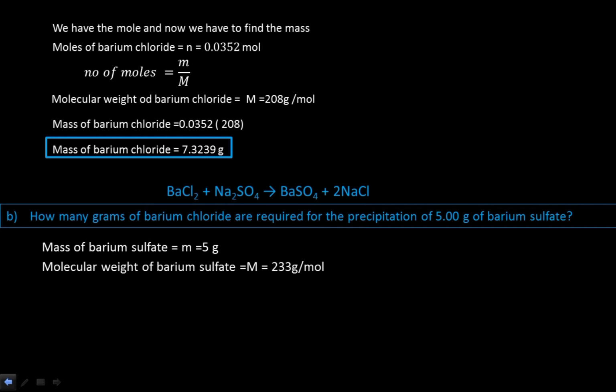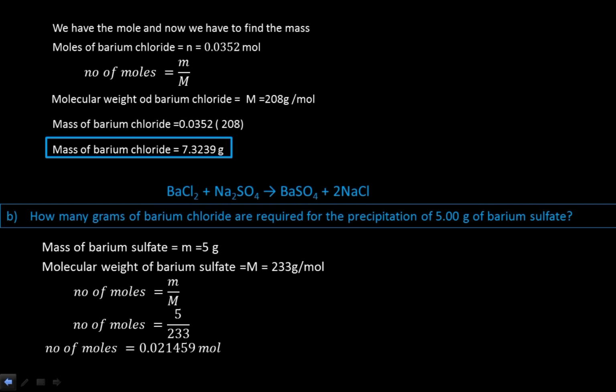If you don't know the molecular weight, don't worry, you can easily calculate it by substituting the individual atomic weights in the formula. Using the relation number of moles is equal to mass over molar mass, we have 5 divided by 233, and finally we came up with the moles of barium sulfate: 0.021459 mole. These are gram moles, my dear friends.